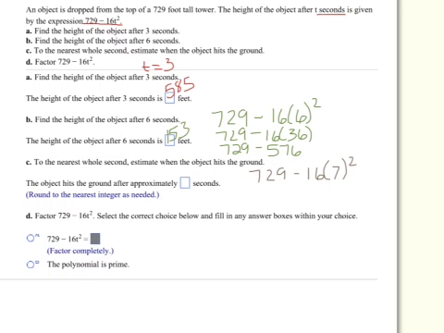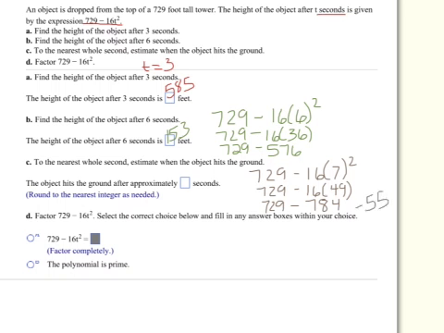I'm going to try 7 since 6 was pretty close to the ground. So I substitute 7 in place of t. 7 squared is 49. 16 times 49 is 784. And when I subtract 729 minus 784, I get negative 55.